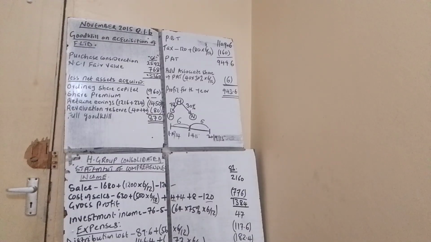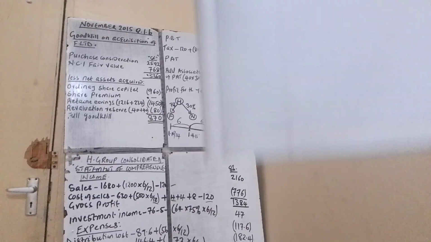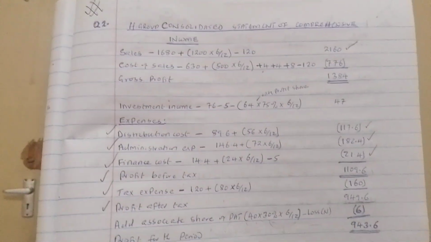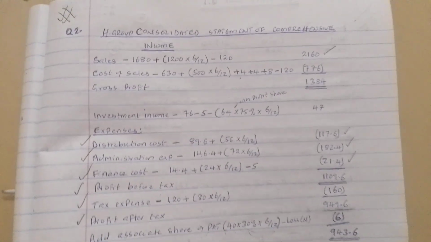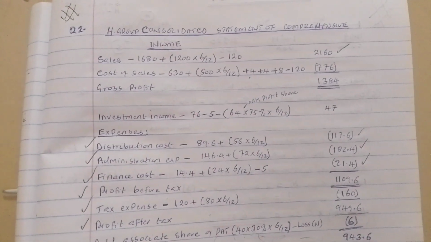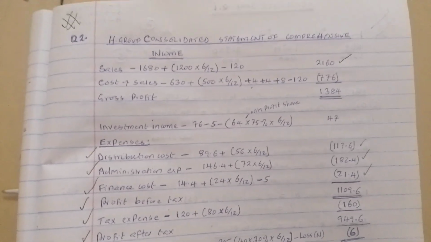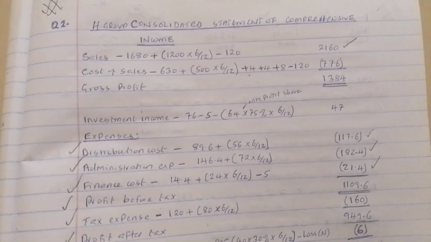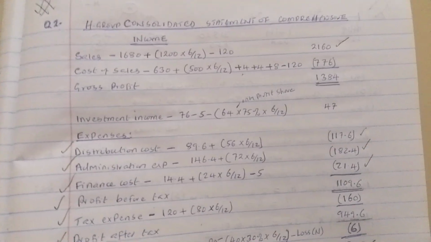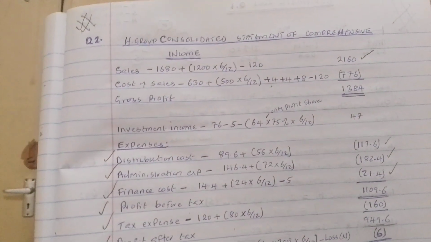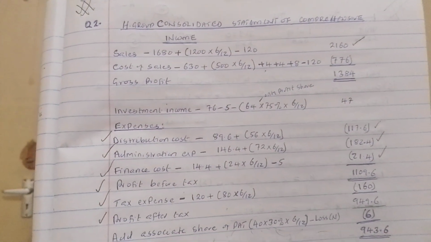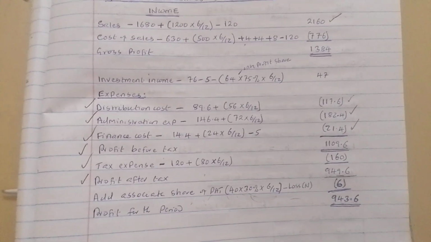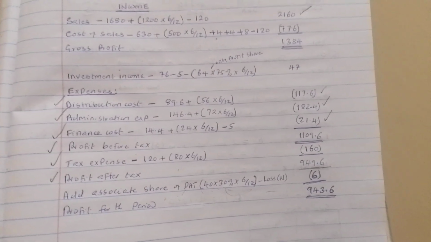And then lastly, because we have the other sheet, you can see we are not consolidating the other sheet line by line. We are not taking the sales for N, we are not taking the cost of sales for N, we are not taking any expenses for N because N is another sheet.